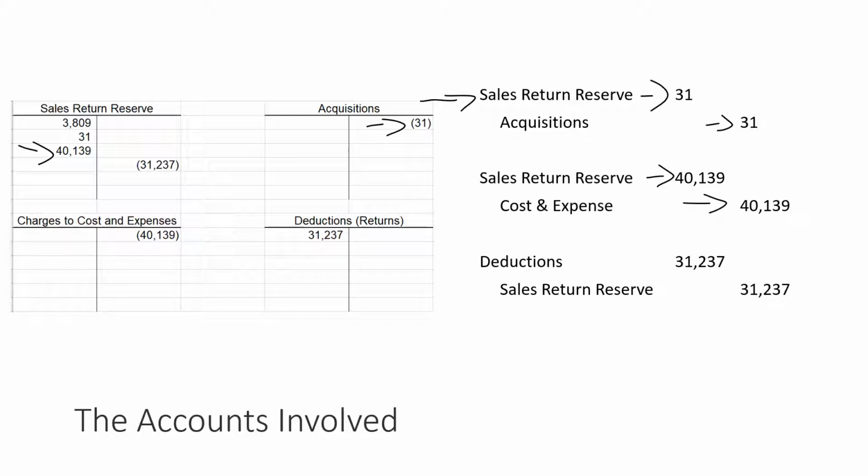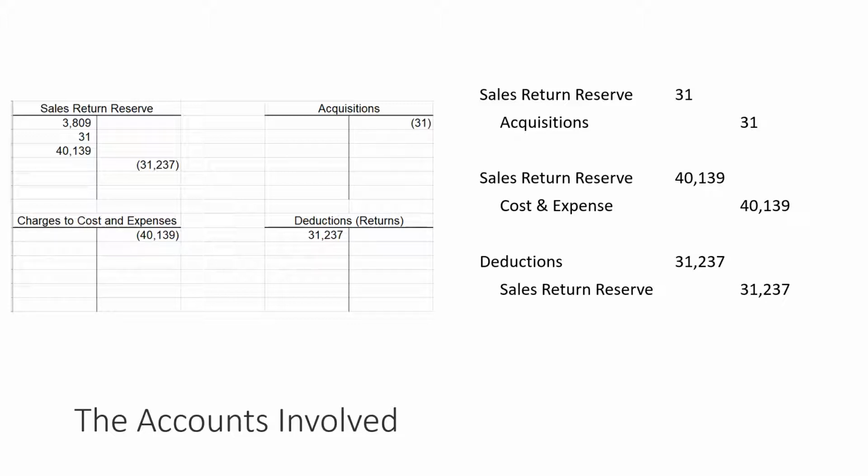So now that we have all of those pointed out, we're just going to erase all of that and look at the deductions. So the deductions actually reduced the sales return reserve.